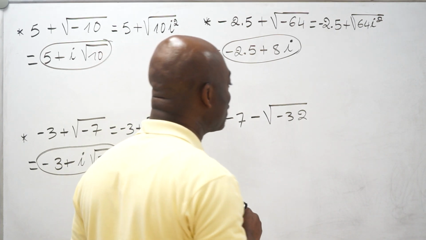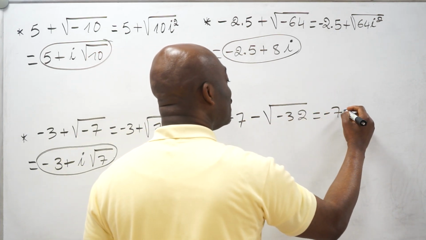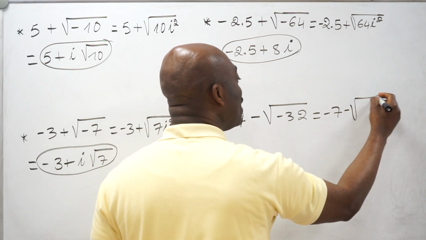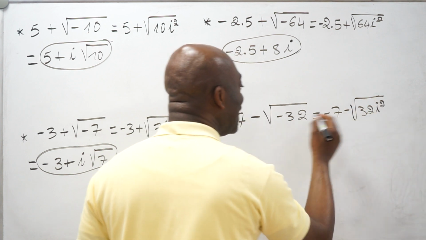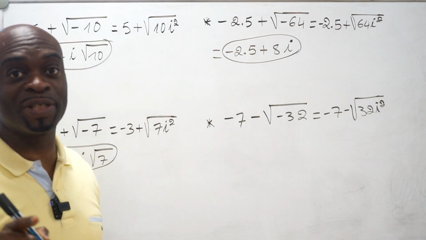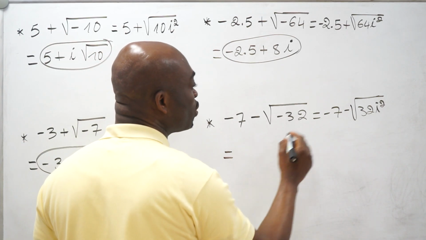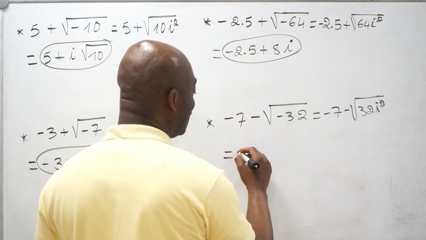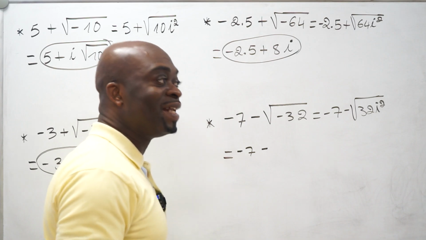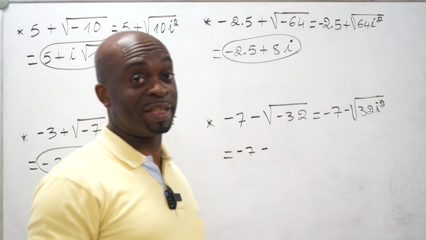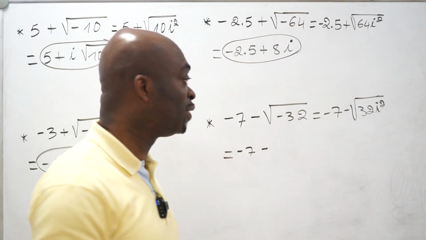Now when it comes to the last question, we go -7 minus the square root of 32i squared. Everybody knows that the negative sign under the radical becomes i to the second power. So we have -7 minus... is there anything we can do with the 32? Can we break it down? Yes, but it's not a perfect square. So we can do 16 times 2, right?